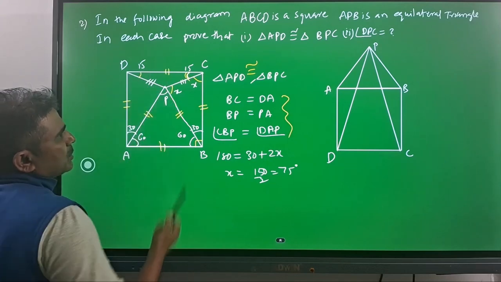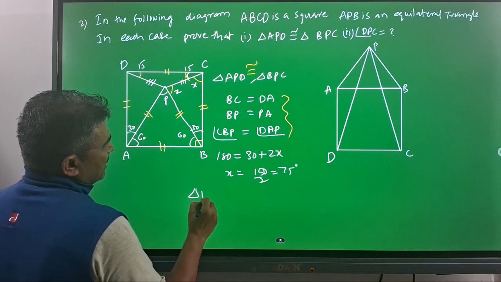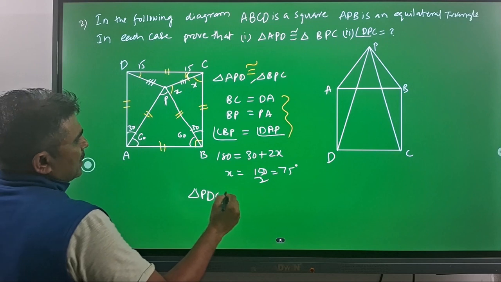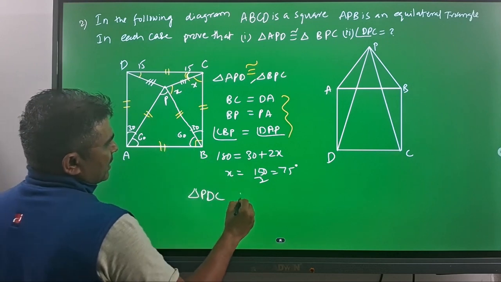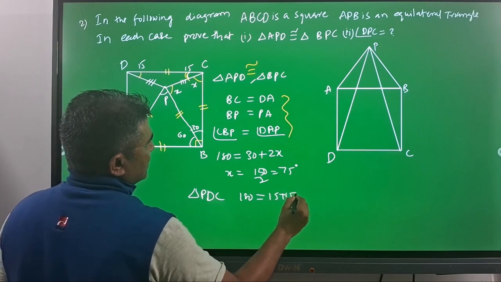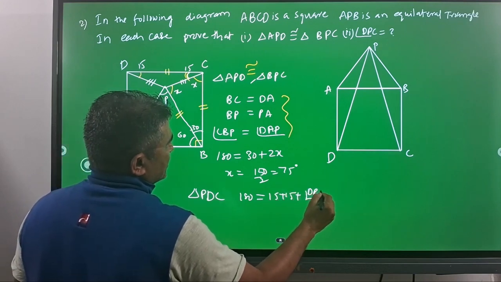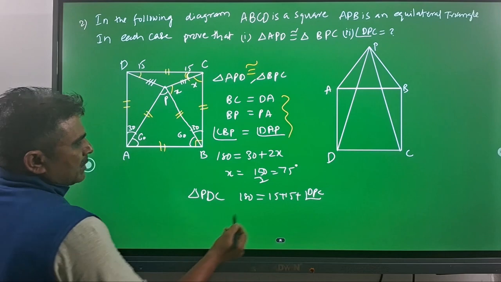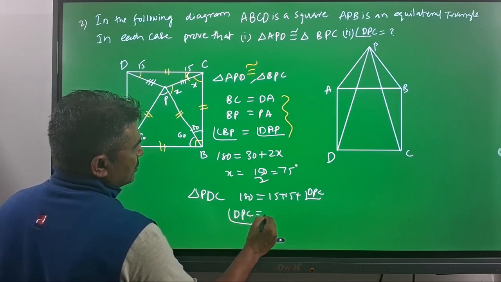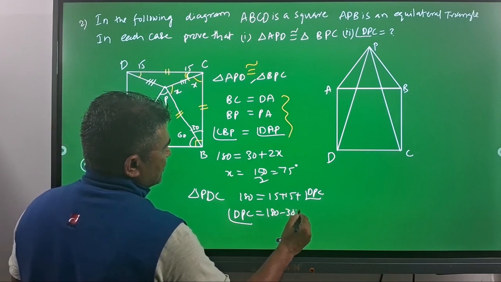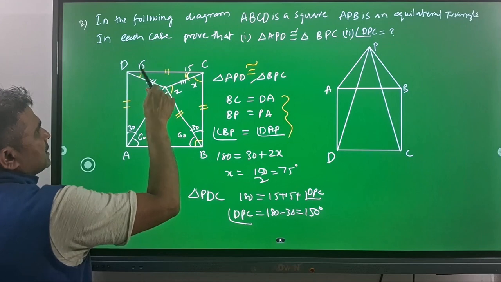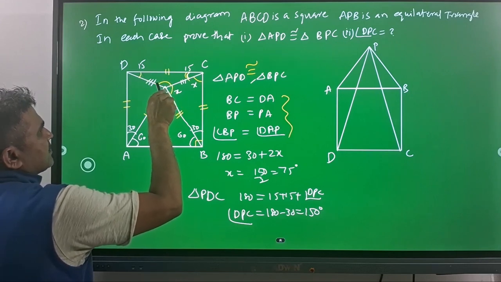Now count the total angle in triangle PDC: 180 degrees is equal to 15 plus 15 plus angle DPC, which we need to find. So this is 30, and angle DPC is equal to 180 minus 30, which is 150 degrees.